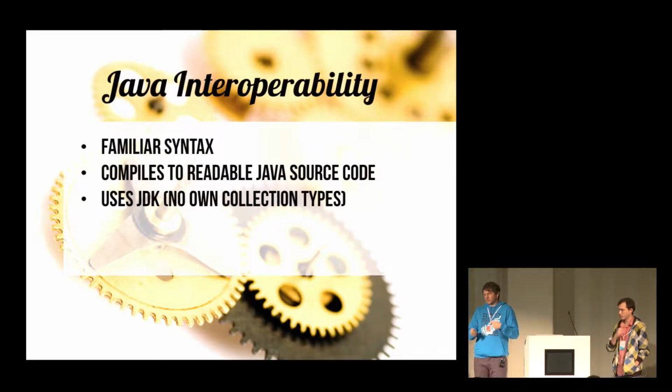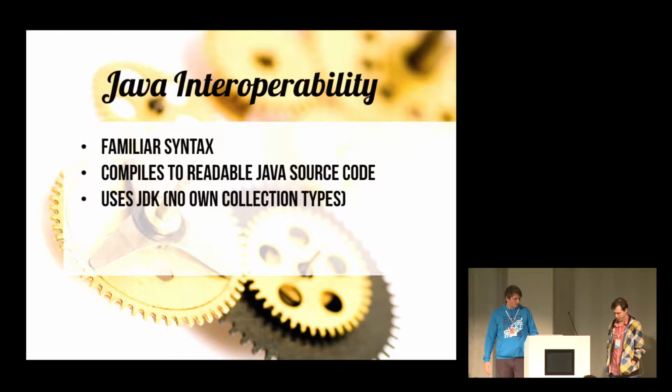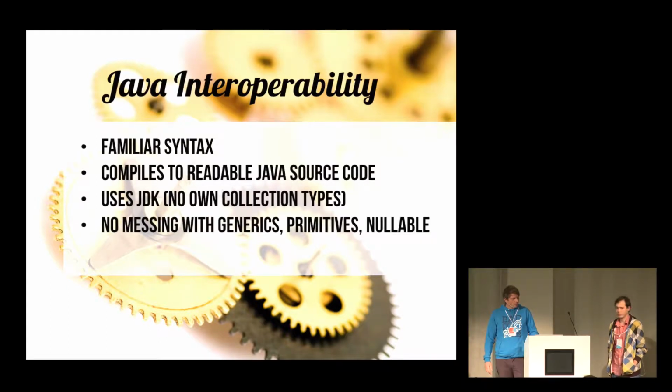So when you write Xtend code, you don't have your own collections which need to be auto-converted to Java util list when you call out to Java or something like that. It's all just Java plus Guava. Guava just because it's a well-written API, I mean library. And it has some cool higher order functions like filter and so on.